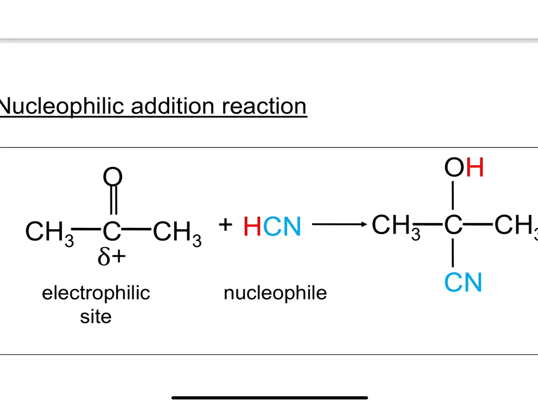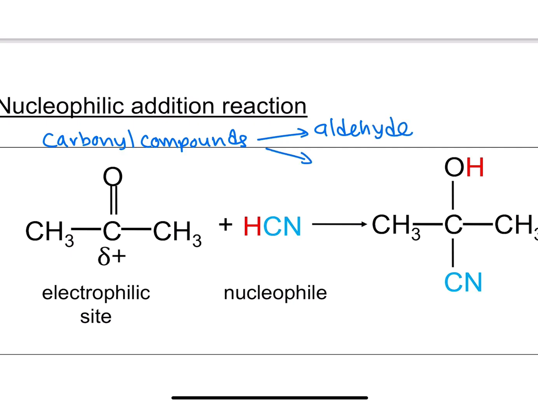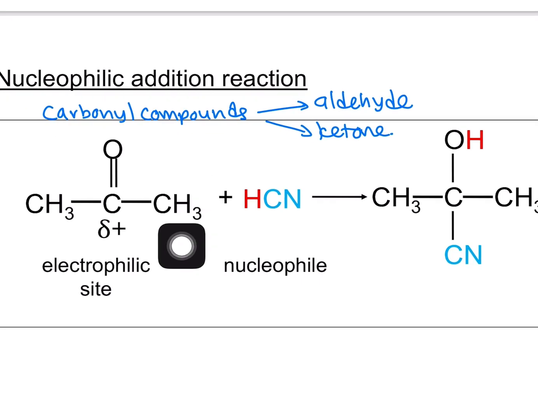Whereas nucleophilic addition happens to carbonyl compounds. For carbonyl compounds, we have 2: aldehydes and ketones. Why do you need to know these? Because in your assignment, sometimes you might see these reactions there, so you have to label them and give some explanation.